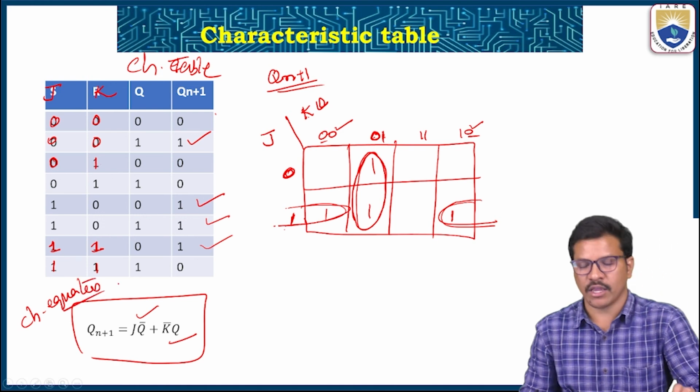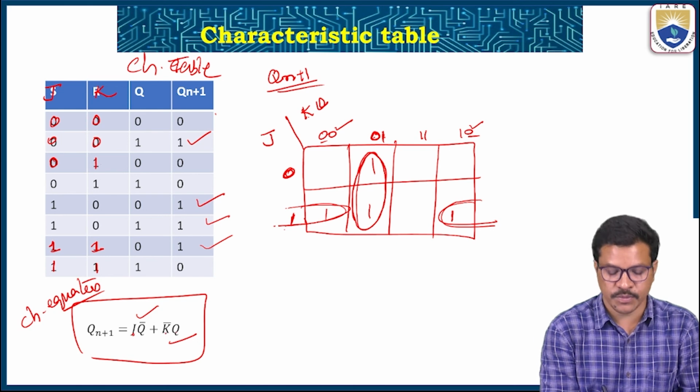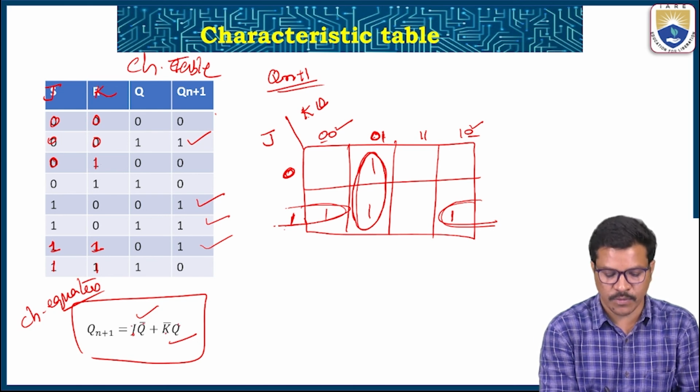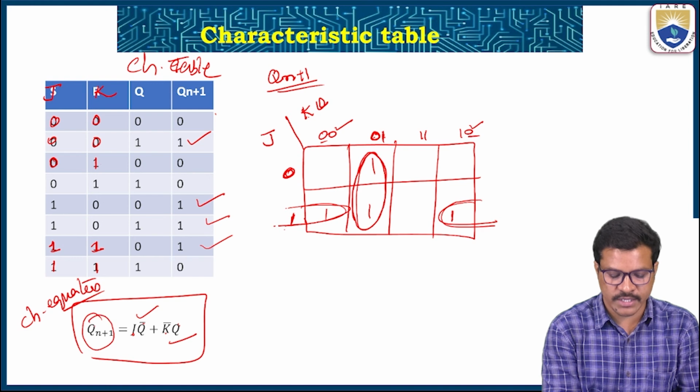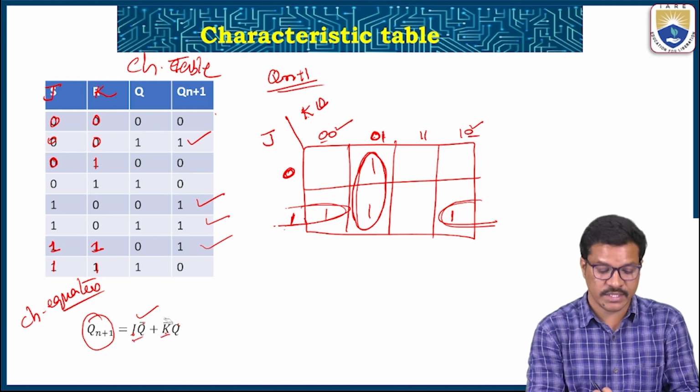Likewise, we get the characteristic equation for the JK flip flop. J and K are the primary inputs, and Q and Q bar are the previous outputs. If you want the next state output, which depends on present inputs and also previous outputs, it is a sequential circuit.